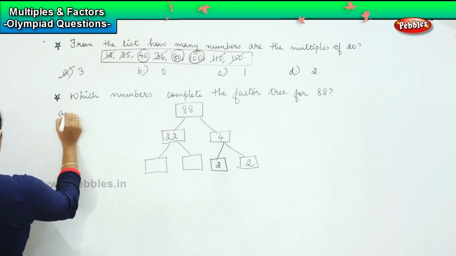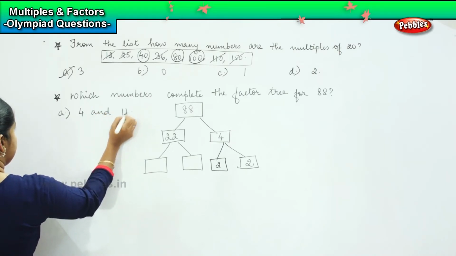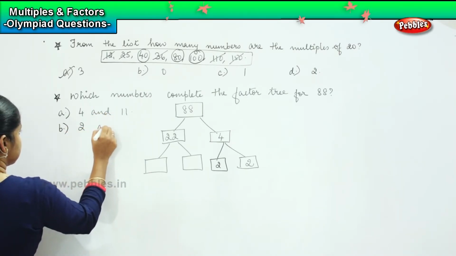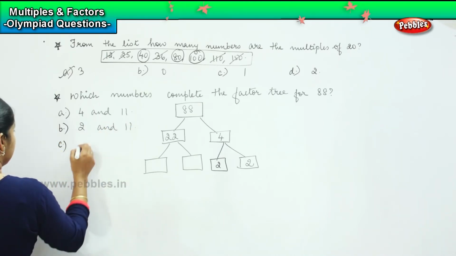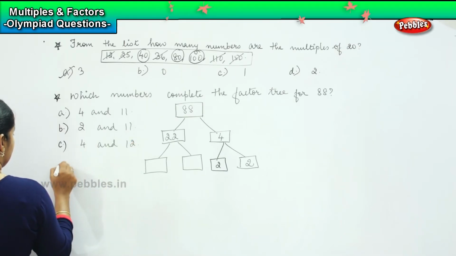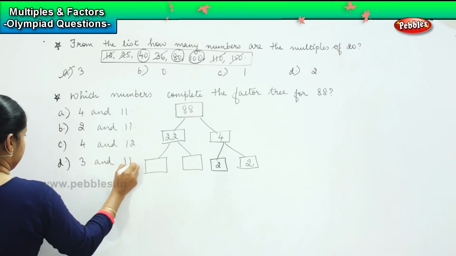The options given are option A 4 and 11, option B 2 and 11, option C 4 and 12, option D 3 and 11.